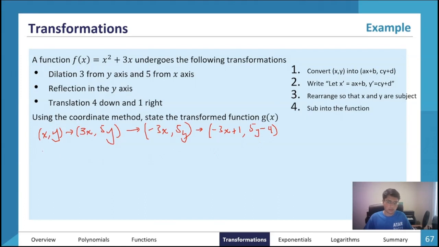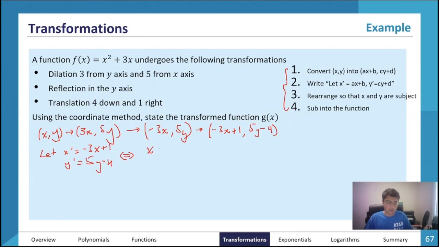Okay, so what we'll do is we'll write let x dash. This is the second step in these 4 steps that we have here on the right. We've got let x dash equal negative 3x plus 1 and y dash equal 5y minus 4. We can then rearrange for x and y, not x dash and y dash.